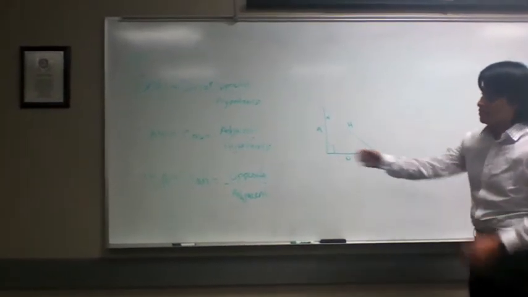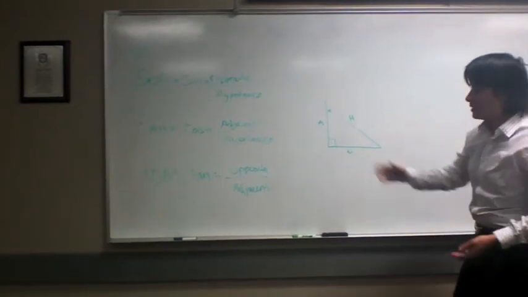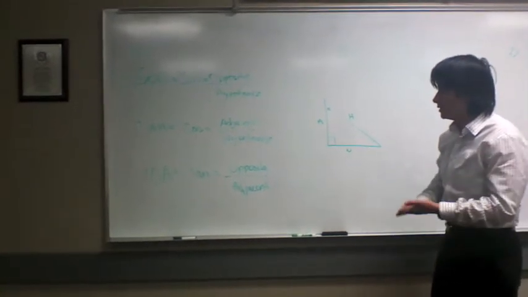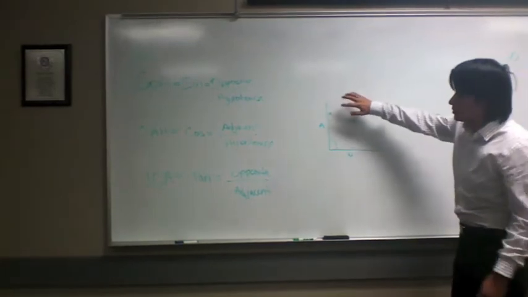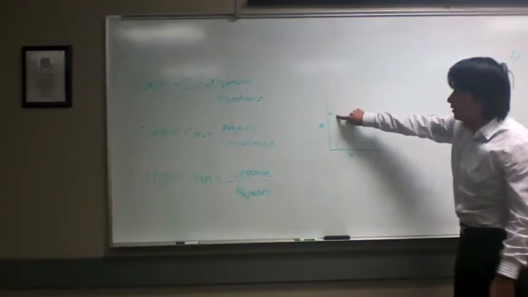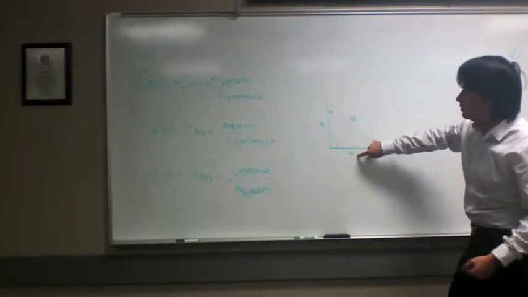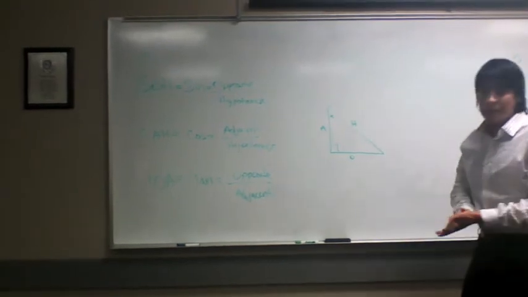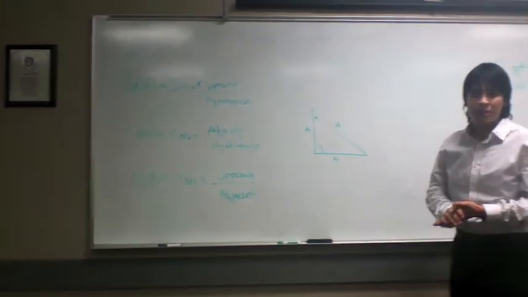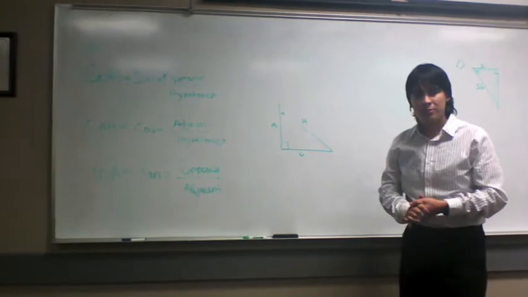Finally, TOA will be tangent is equal to opposite over adjacent, meaning that if x was here, then our tangent will be opposite over adjacent. In the following three examples, I'm going to provide you with more details using numbers.